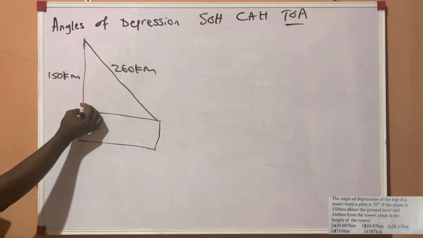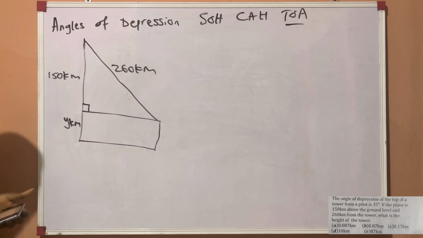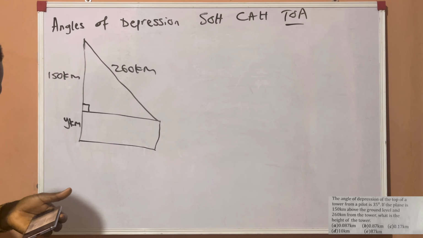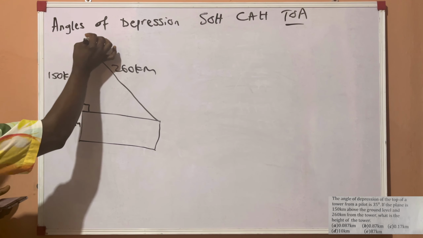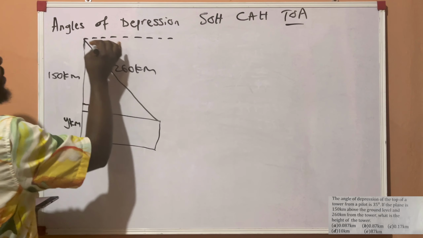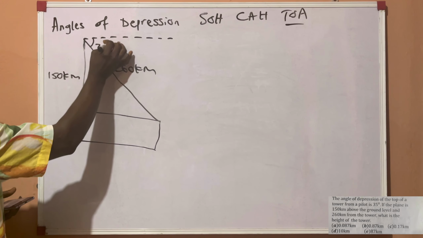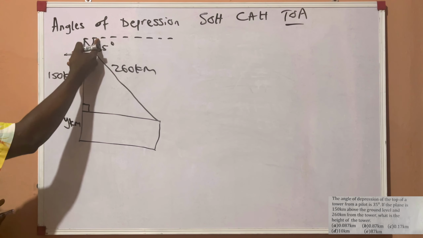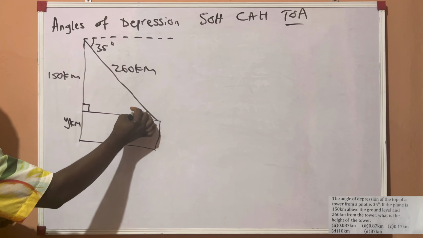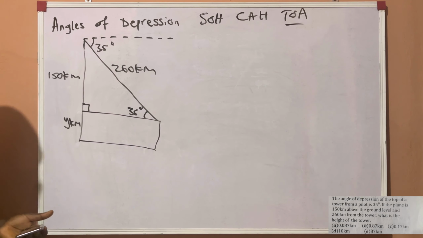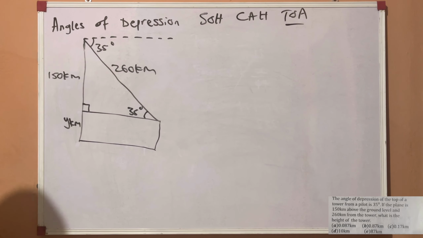Now, this is our angle 90. And the angle of depression given was 35 degrees. If here is 35 degrees, here also becomes 35 degrees. Alternate angles are equal. Don't forget that.